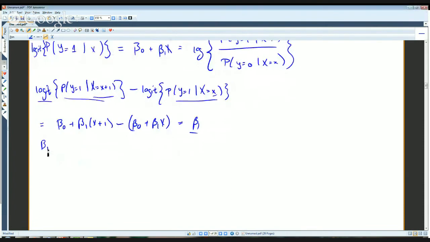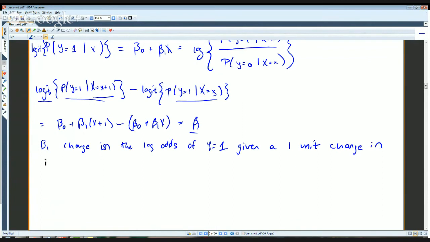So beta 1 is the change in the log odds of a response of 1 given a 1 unit change in x. Or if x happens to be a factor variable, given a change in x from the reference level to the non-reference level.